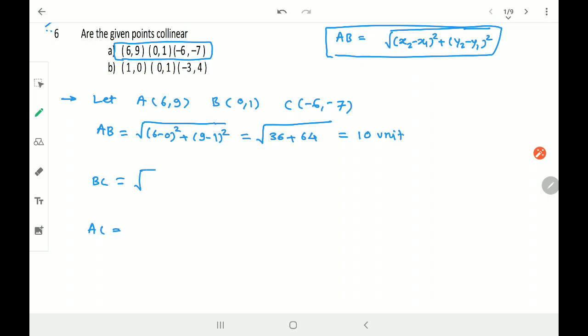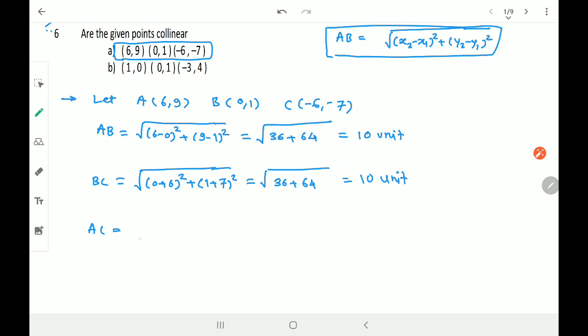BC, let's go for BC. So it is (0 minus of minus 6), so 0 plus 6 the whole square, plus (1 minus of minus 7), that means 1 plus 7 the whole square. Here we have again 36 plus 64 and 10 units again. Last one, we calculated BC, right?